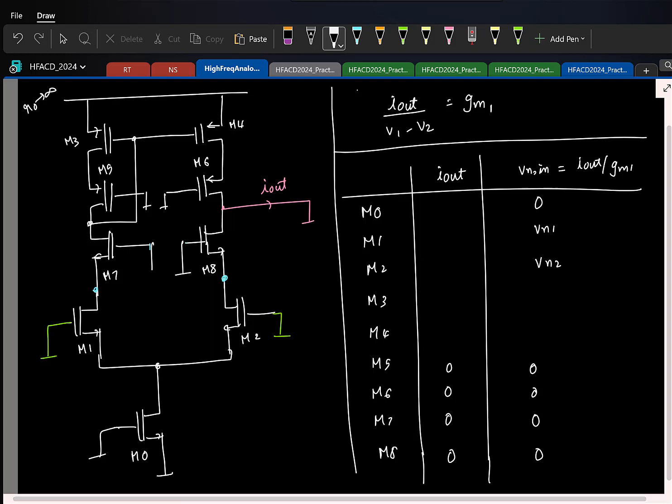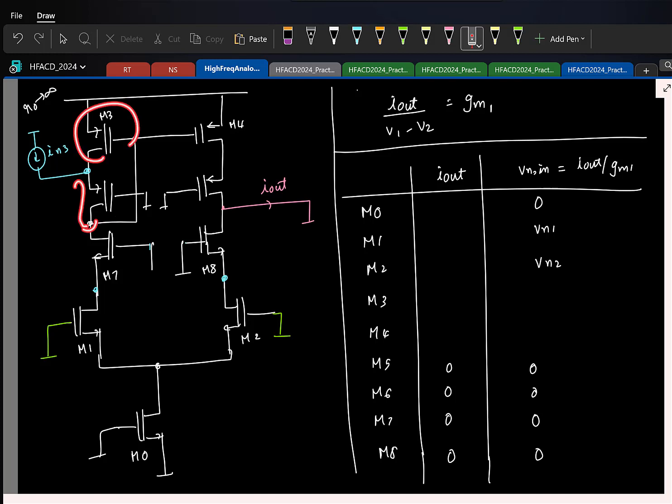So pending things are M3, M4. Let's look at that. So let's do for M3. M3 again the current. Okay, let me just clear these things. This is M3. So now let us say this is the current IN3. Now you see that this current is injected here. This guy is a current buffer. It will basically buffer the same current, and the same current will flow into the diode connected transistor M3, right?